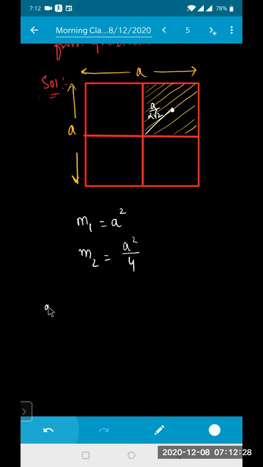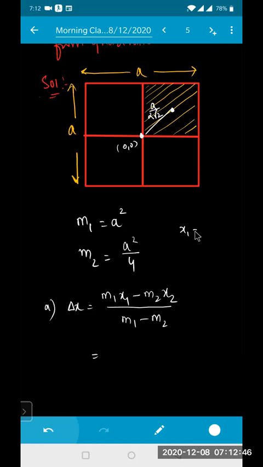Delta x equals m1 x1 minus m2 x2 divided by m1 minus m2. Initially the center of mass of the system before removing is at 0, 0, so x1 equals 0 and x2 equals a by 2 root 2.